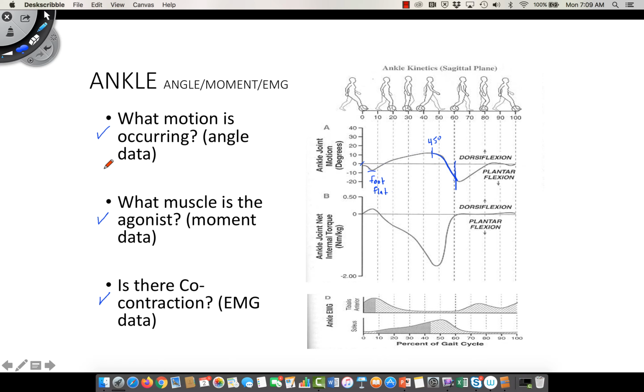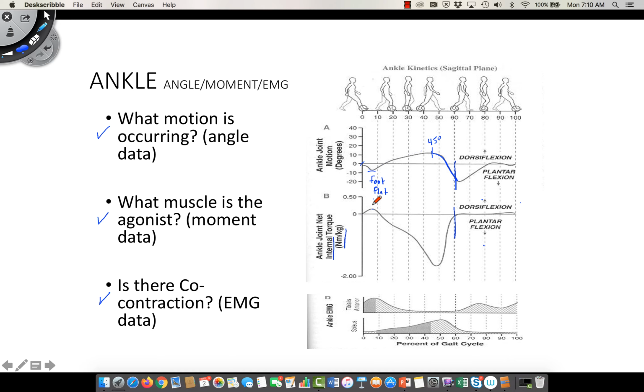Okay, so we have the motion of the foot during stance, and now let's look at the torques that are generated at the foot. What we can see here is these are the net internal torques that are being generated at the ankle into dorsiflexion, which is positive, and plantar flexion, which is negative. And then here's our stance phase of gait.